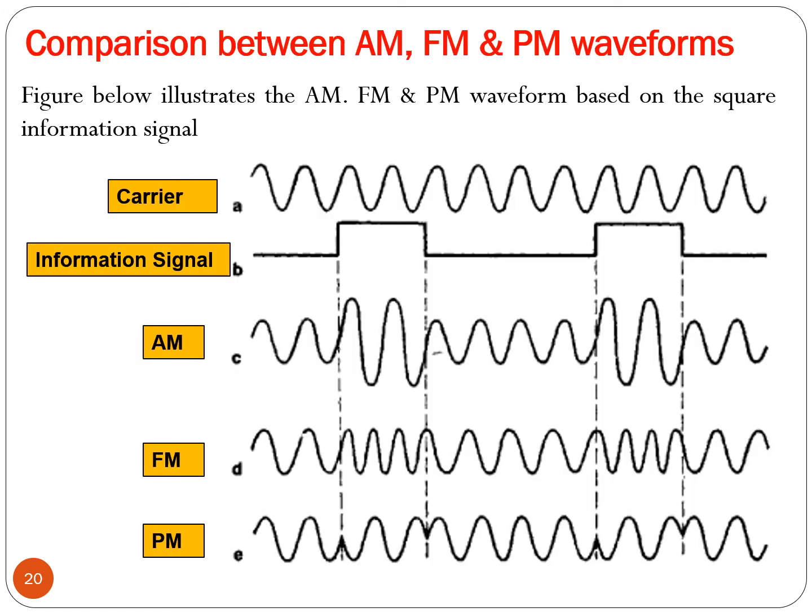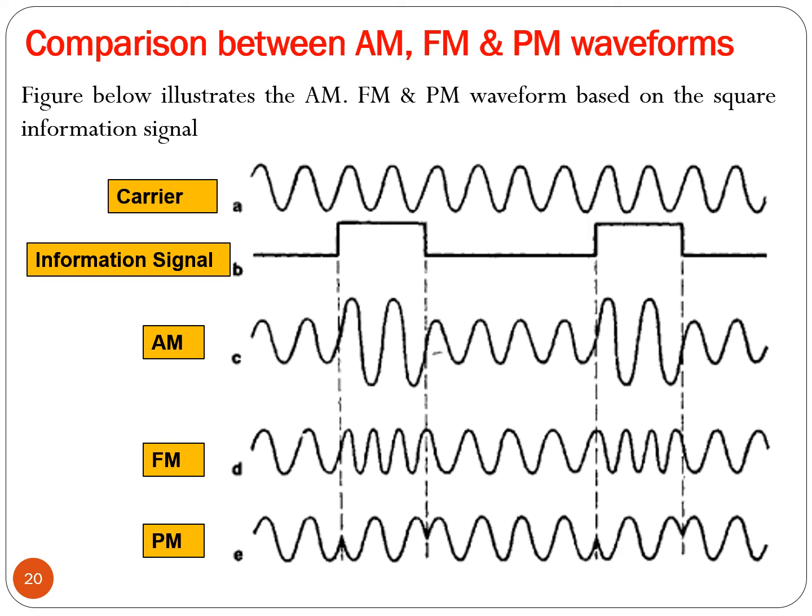This figure illustrates the comparison between AM, FM, and PM waveforms. By using the AM technique, the amplitude of the carrier signal is changed proportional to the amplitude of the information signal, but its frequency remains constant.